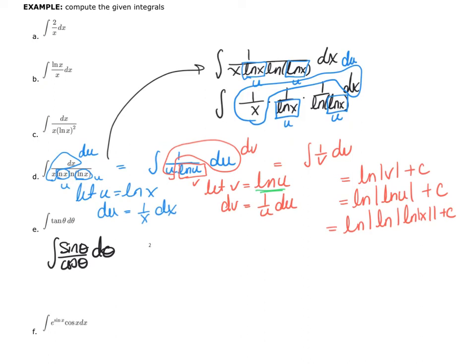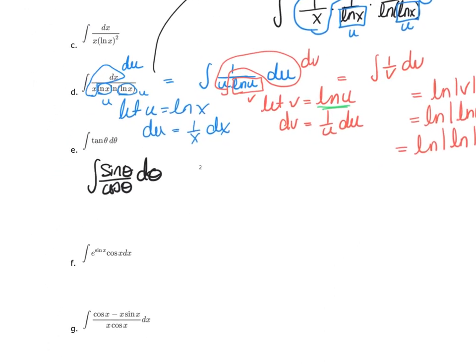So since we don't have an integral for tangent, we go into the sine over cosine, and then I use u substitution here. So if there's no questions on D, then I'm just going to scroll down and go in bigger so you can do E and F.